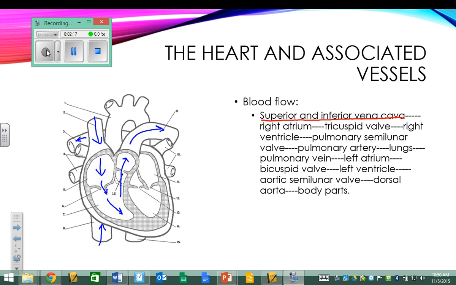Now, it's not on this picture, but we know that the pulmonary artery is going to your lungs. So we're just going to imagine that the lungs are out here on the side. So after the blood goes through my pulmonary artery, it arrives at my lungs.